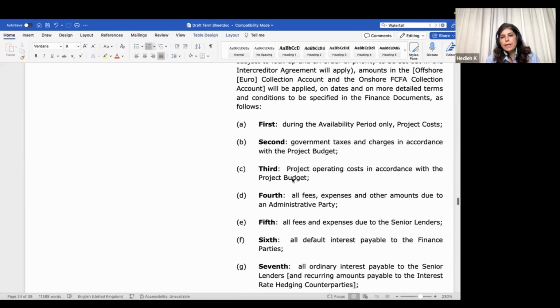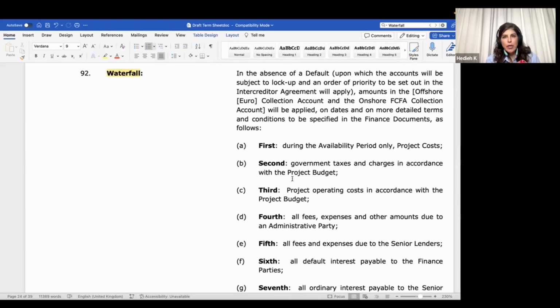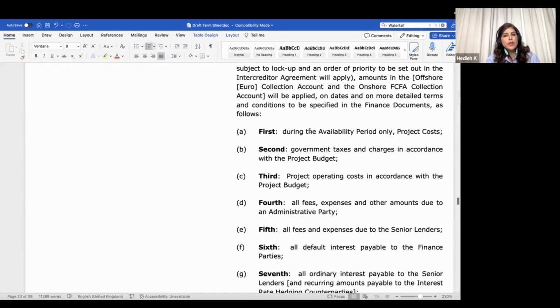So the first thing is that in this term sheet that I'm showing you here, they are giving priority. First is, during availability period only, the project cost. We know that the cash flow waterfall mainly contains the discussions that will be around post-construction. As I said, during construction, we have this statement called sources and uses, and that is going to be the topic of discussion for the construction phase: all the drawdown schedules, who's going to draw down first, is it going to be equity first, debt first.